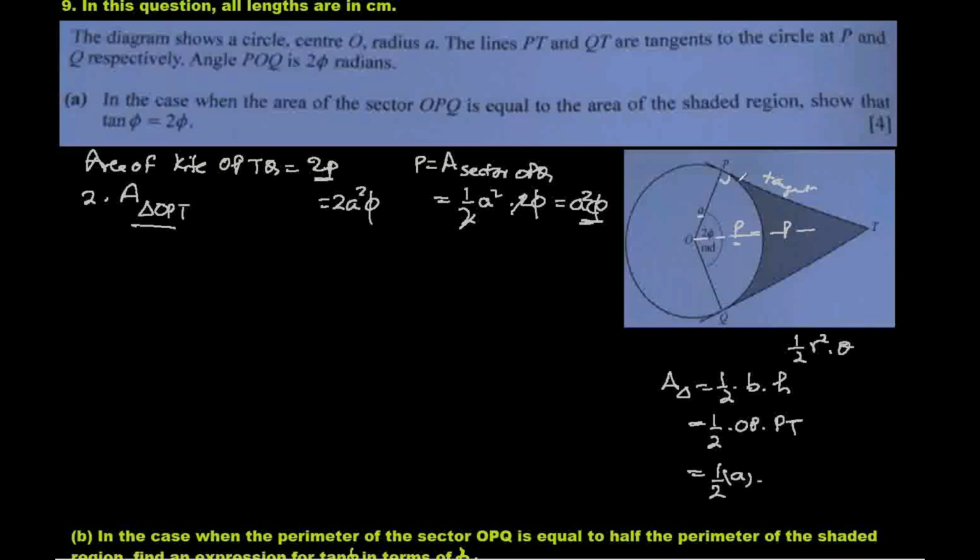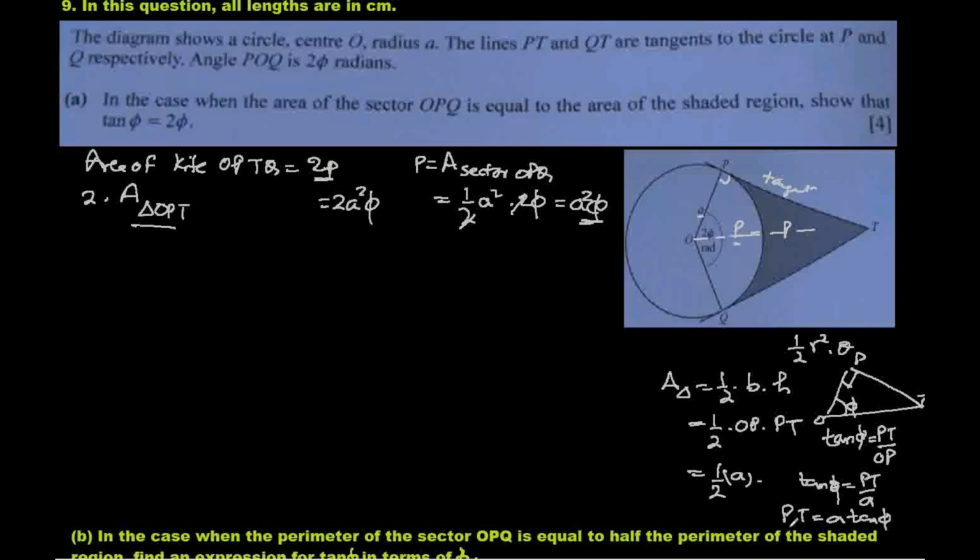PT, for PT, let's redraw this triangle. This is P, this is T, this is O, and this angle will be just phi, because it is 2 phi whole, half of it will be just phi. According to this right angle triangle, tan phi will be opposite PT over adjacent OP. So tan phi equal to PT over OP, we want to know PT, OP we know, so PT comes out to be A tan phi.